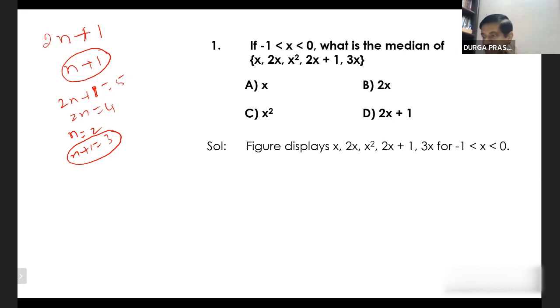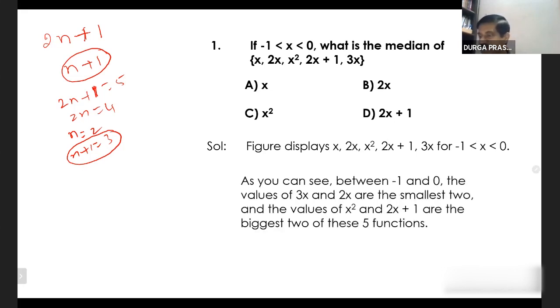So now if you look at this, the terms are x, 2x, x square, 2x plus 1, and 3x. He said x lies between minus 1 and plus 1. So when x lies between minus 1 and plus 1, the values of 3x and 2x are the smallest two, and the values like x square and 2x plus 1 are the biggest two of the five.